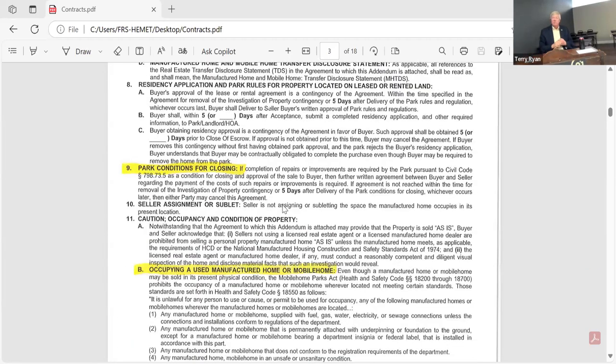All right. The last couple of things to remember on this form is park conditions. So park conditions change. When you're in a park, specifically, and you're paying space rent and things, a lot of times the HOA that's there, the one that controls the park, will make improvements to the park.